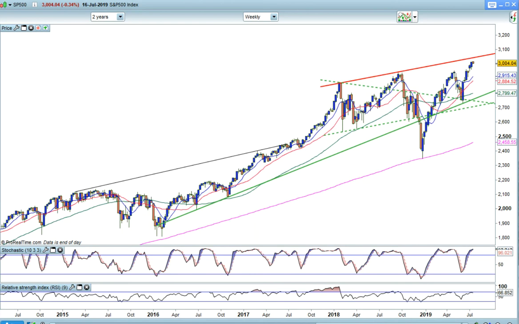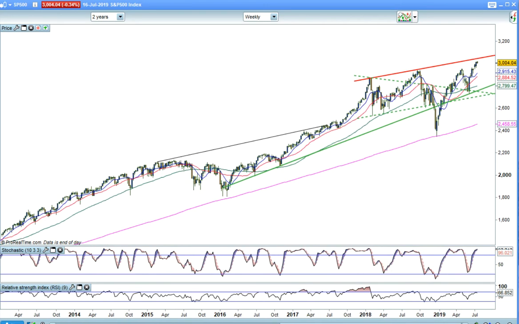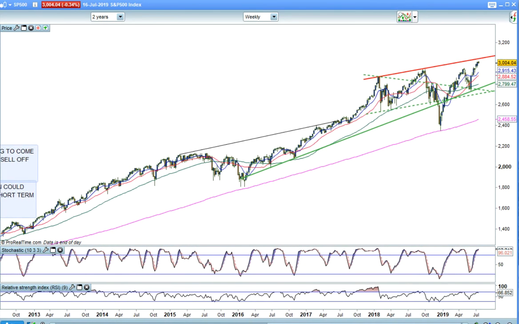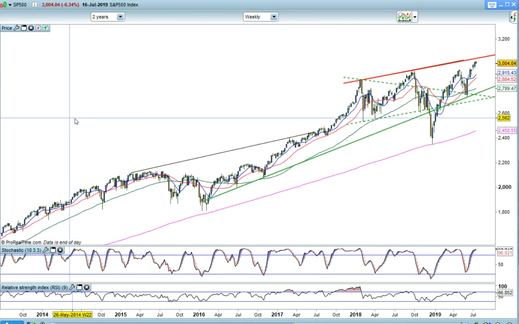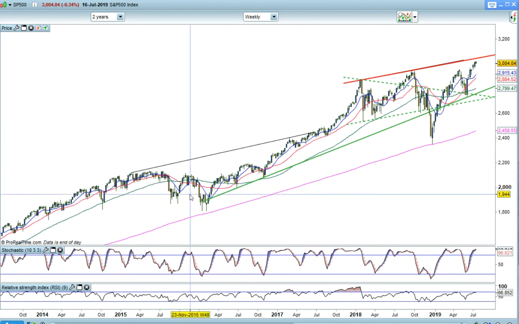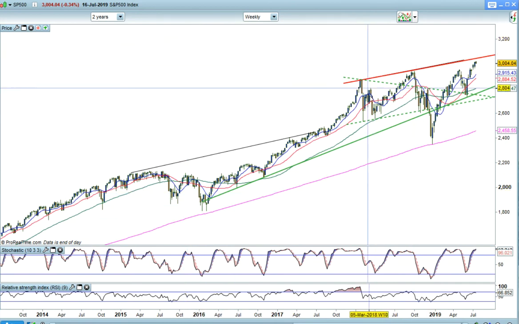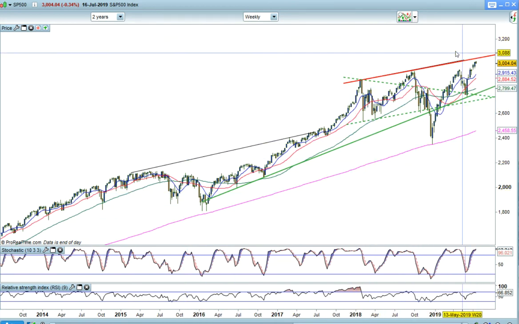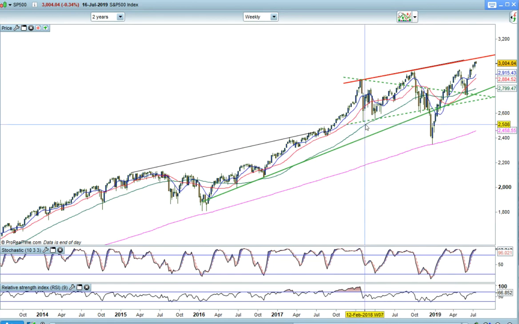Now you've seen the monthly on this, now look at the weekly. Head and shoulder patterns can also be continuation patterns. So you've got the monthly chart telling you one thing, but you could be having this inverse head and shoulder pattern that is telling you something totally different. What we could be seeing here is at the end of the 2009 bull run, this big pattern here could quite easily be construed as an inverse head and shoulder pattern.